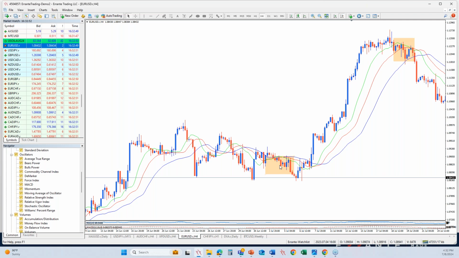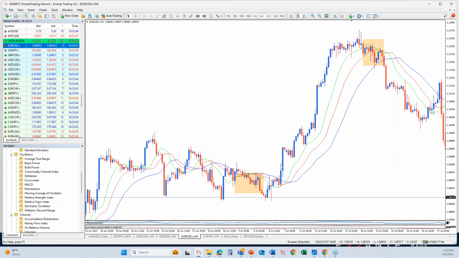The tip here is to avoid trading during this phase, as the market lacks direction and momentum. When the lines are open and parallel, it represents a strong and stable trend. This is an ideal time to trade in the direction of the trend. Confirm the trend's strength by observing the degree of separation between the lines.